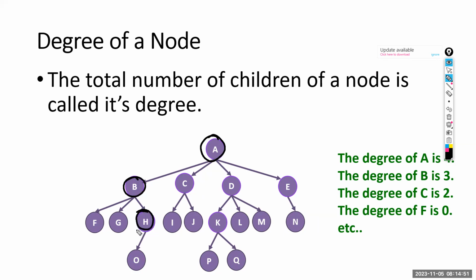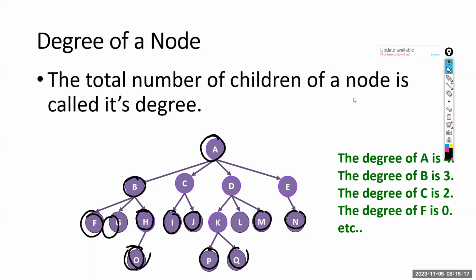H has only one child, so its degree is 1. And obviously, leaf nodes have a degree of 0. That is why we call them leaf nodes. So you have to relate these concepts also. Leaf nodes have a degree of 0. So that's a statement. Yes. Okay.